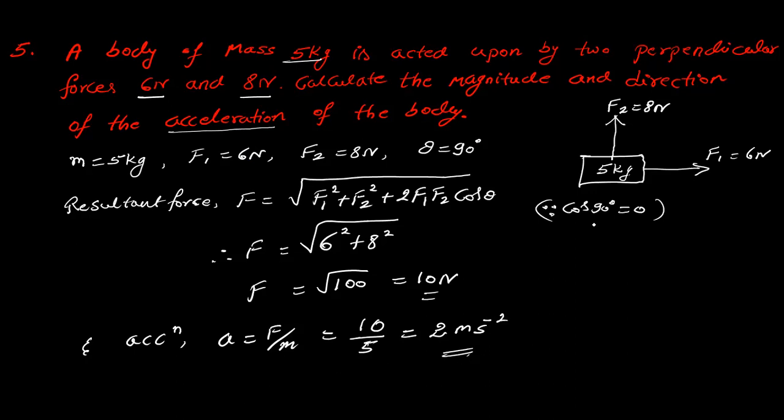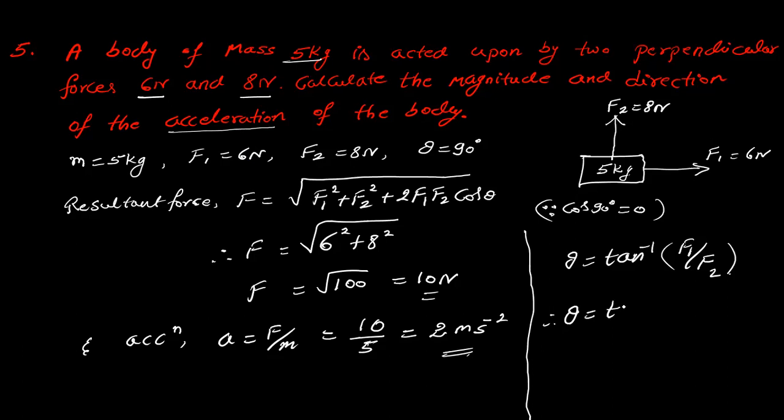Now we have to find the direction. What is the direction of acceleration? That means we find theta. Theta is equal to tan inverse of F1 divided by F2. Therefore, theta is equal to tan inverse of 6 by 8, which becomes tan inverse of 0.75.